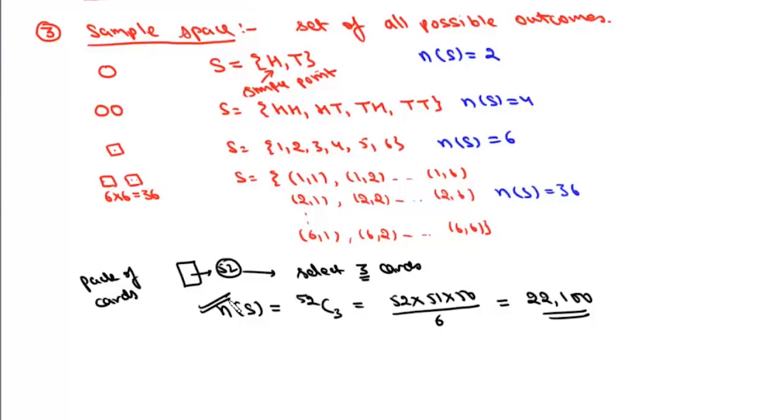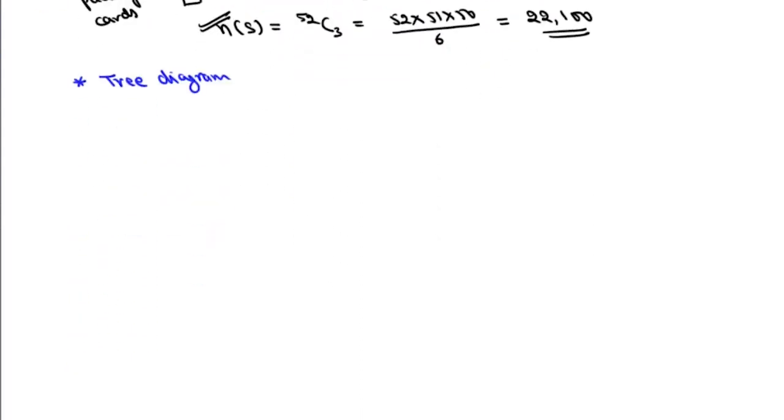Now if my sample space has very limited outcomes, then one way of representing the sample space is through a tree diagram. Suppose we toss a coin. We know that the outcome is either head or tail.